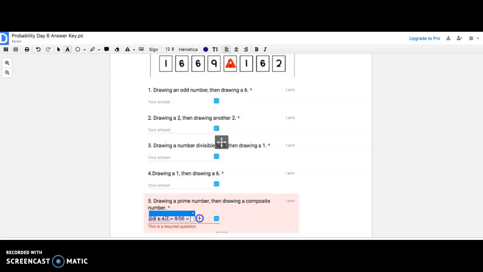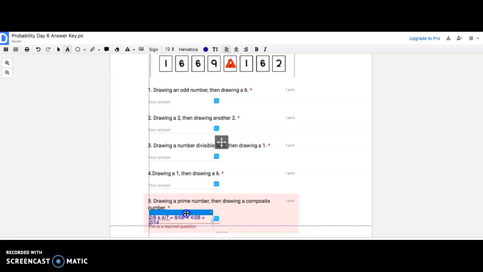Some of you, I'm sure, left it in that manner, but if we want to simplify, let's try to do that. Remember, if both numbers are even, they can always be divided by 2. If we divide the top and bottom by 2, we would be left with 4 over 28. If we did it again, 4 and 28 are both even as well, so 2/14.